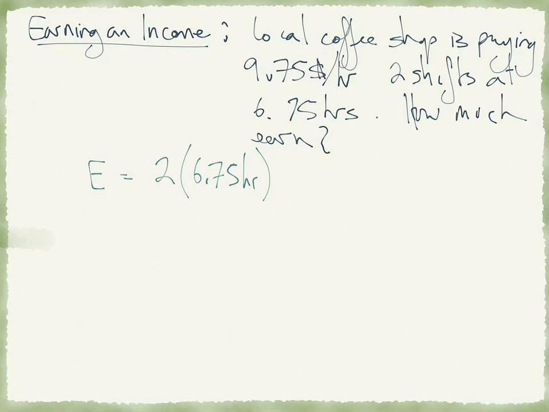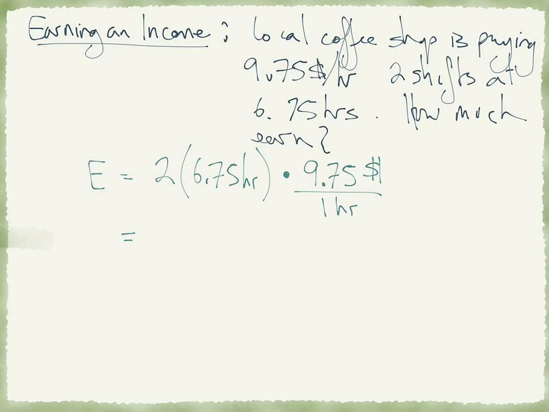And then similar to what we've done before where we had unit conversions and rates, with our rate here we want to make sure that we have the money on top. We're going to go $9.75 per one hour.